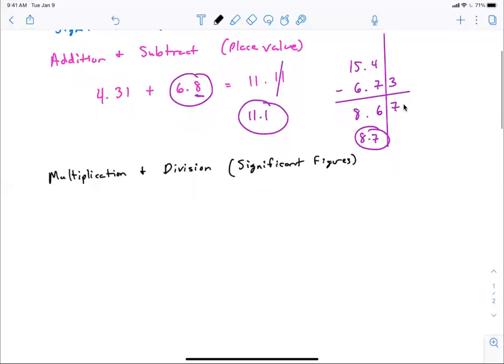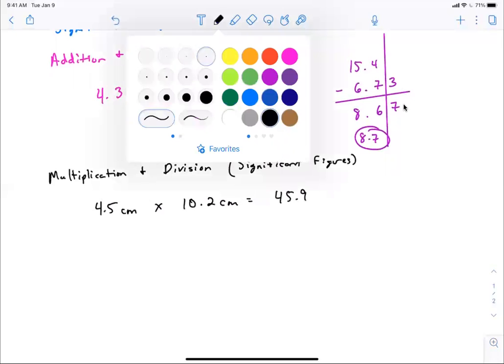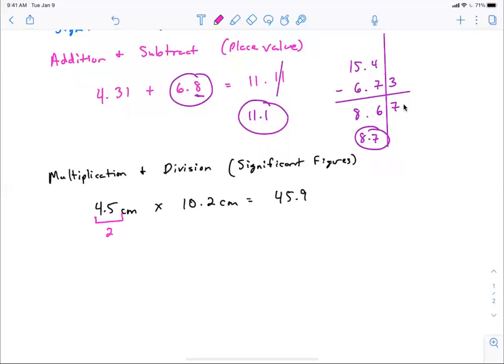And so when you do this, your answer is limited by the least number of significant figures that you have available in your problem. So if you have something like 4.5 centimeters by 10.2 centimeters, when you type that in your calculator, you get 45.9. But because this number only has 2 and this has 3, your answer can only have 2.